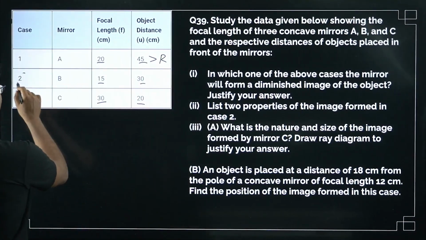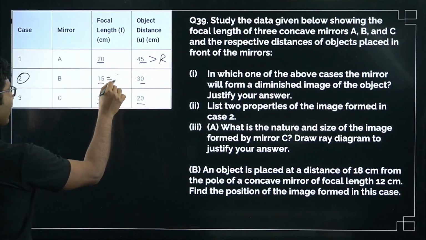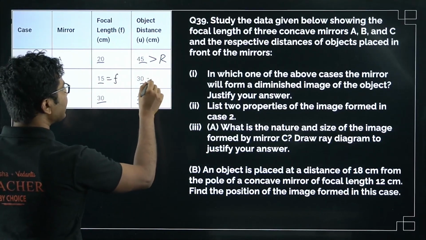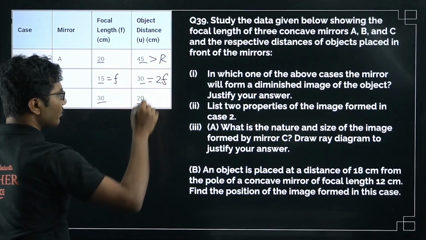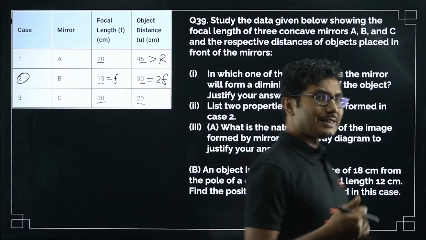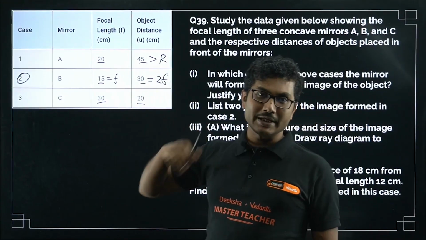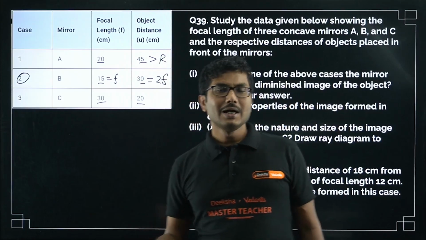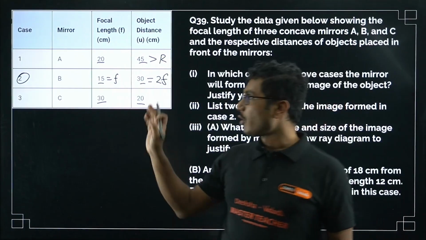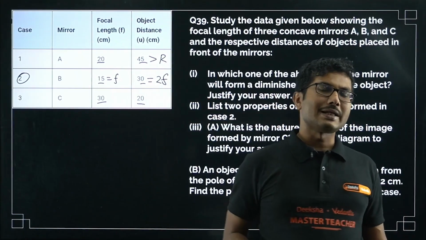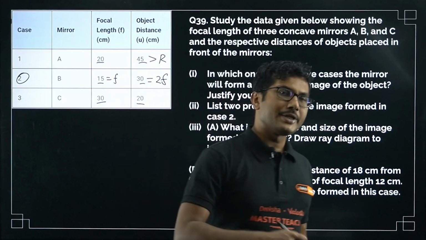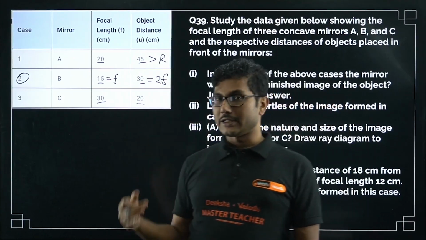So what is case 2? If you see, this is the focal length, and the object distance is exactly equal to 2f. That means the size of the image is exactly the same as the size of the object, right? So when the object is placed at 2f, at the center of curvature, the image size will always be the same in case of a concave mirror.